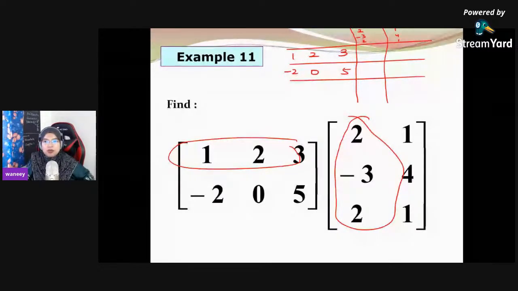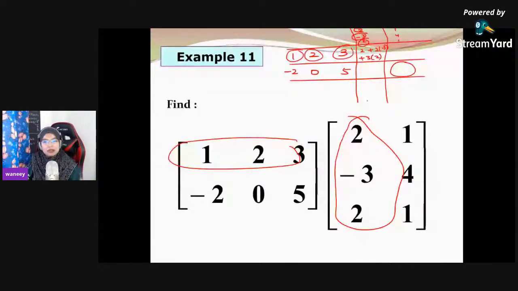So 1 times 2 plus 2 times negative 3 plus 3 times 2. Over here, this is negative 2 times 1, 0 times 4, 5 times 1. So times them, and then you can get the product after this.